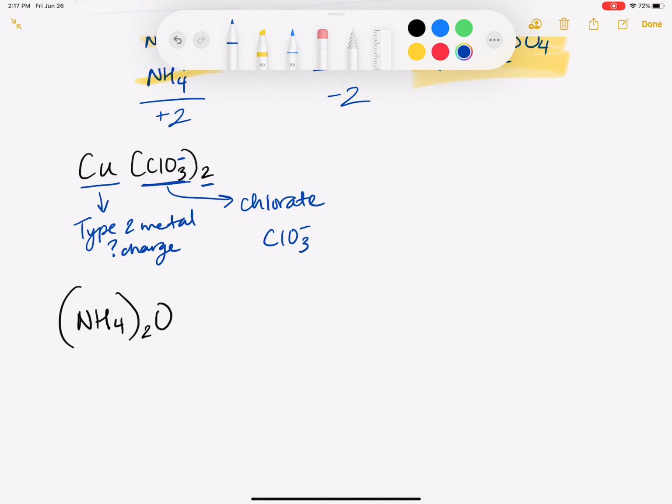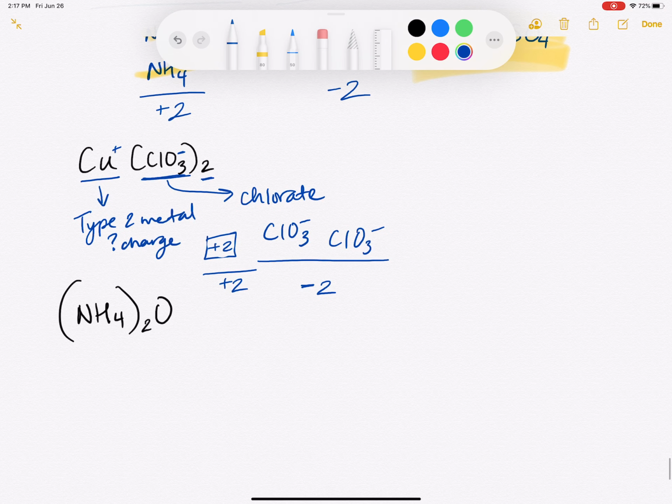So that means that right now, I really have this situation going on. Collectively, I have an overall -2 charge. To balance that copper, which I don't know what the charge is as of right now, I need that whole other side to be equal but opposite. So that means a +2 charge in order for my entire compound to be neutral. So that means that that single lone copper is a +2 charge.